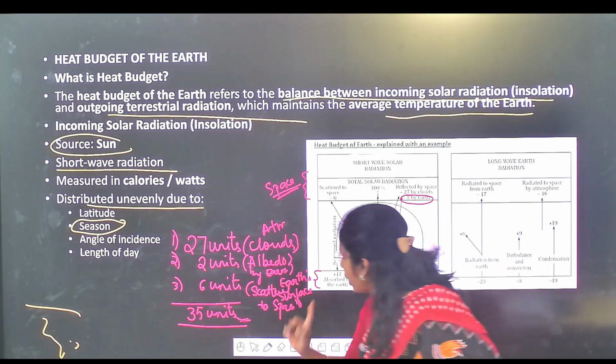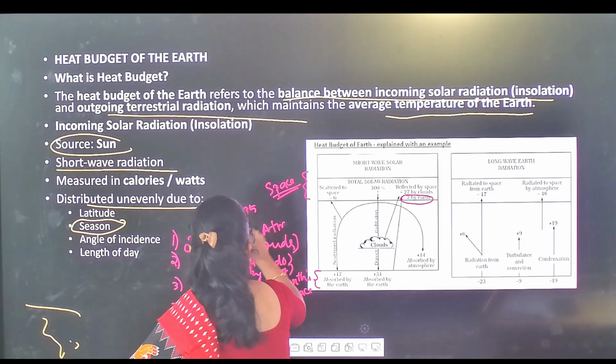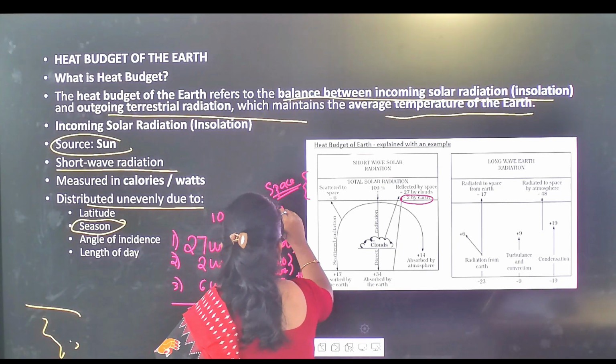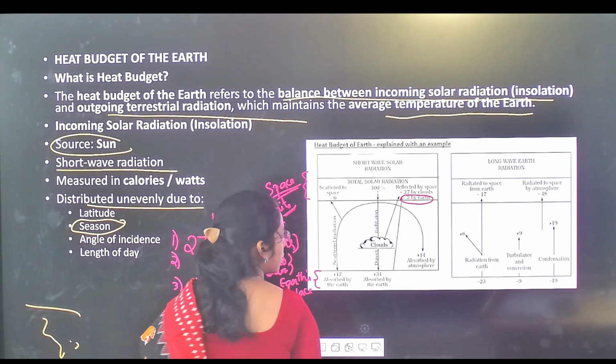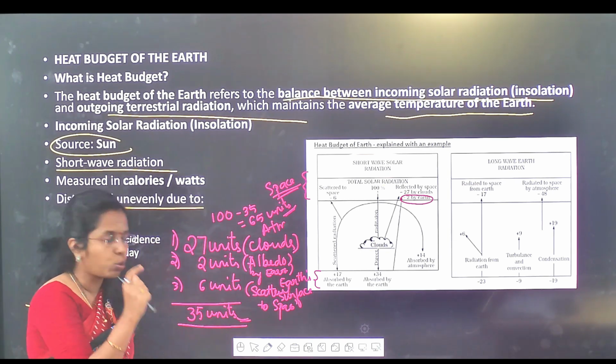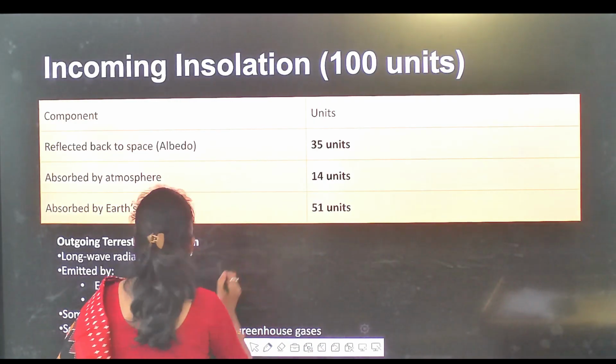Clear? Now 100 minus 35, total 65 units are there. Out of these 65 units, we are going to see how earth maintains the budget.